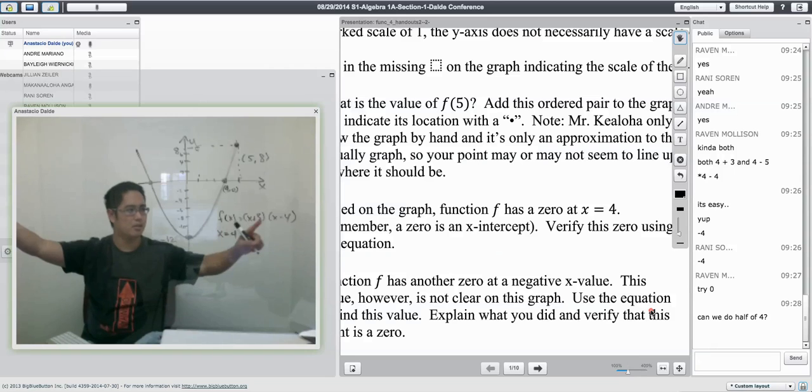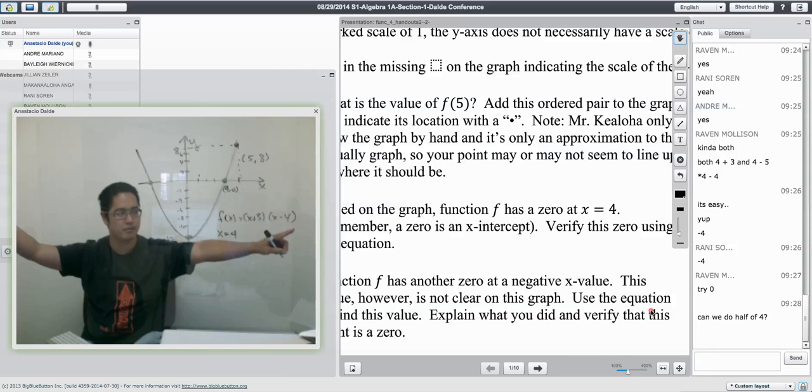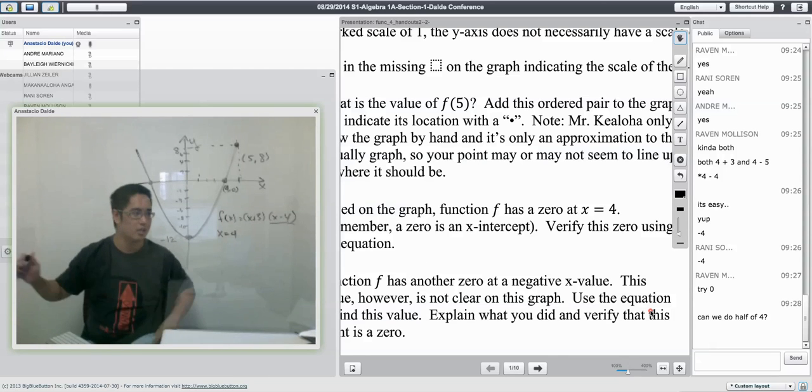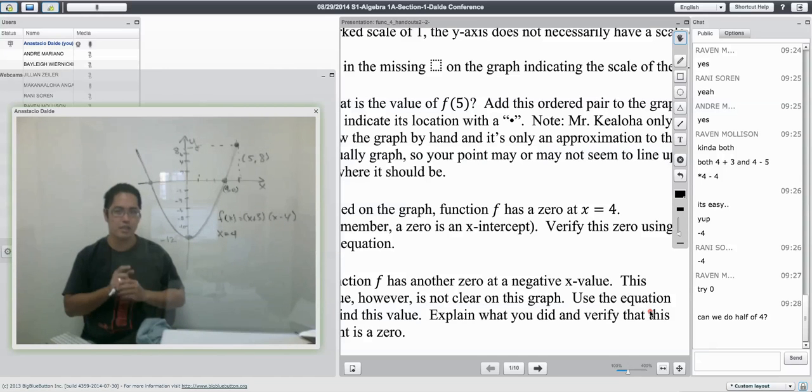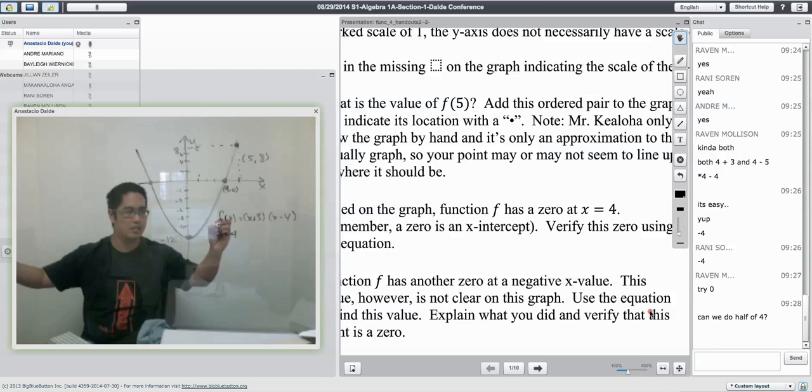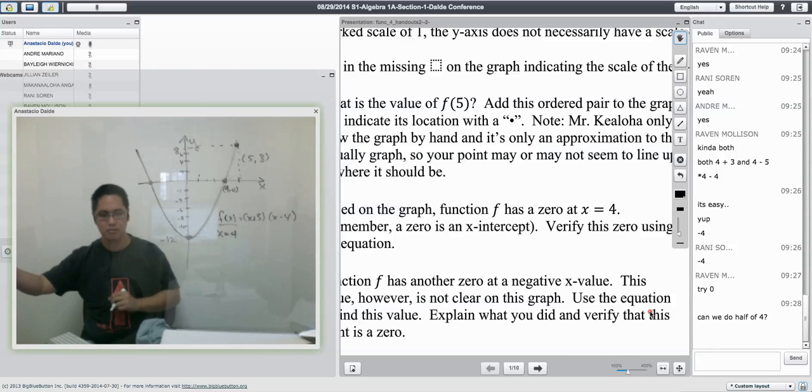Because when I plugged in x equals positive 4, I got positive 4 minus 4, and that right-hand side is 0. And if that's 0, it doesn't matter what this first part is, because you multiply any number times 0, the whole thing is going to be 0, which is a good thing. So here's my question: what is the other x value that I will want to try in order to make this f of x equal to 0?